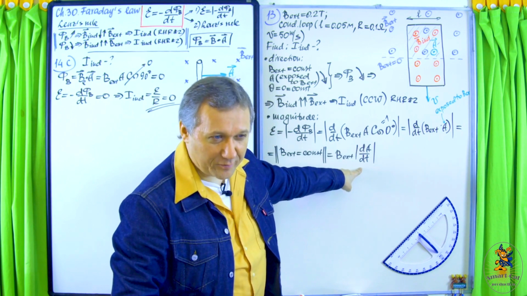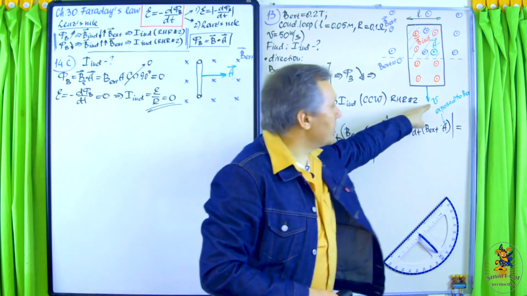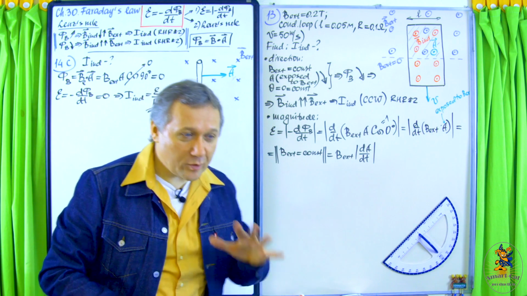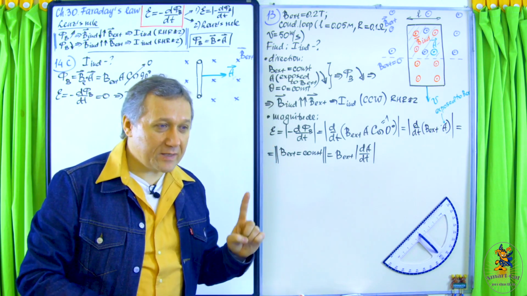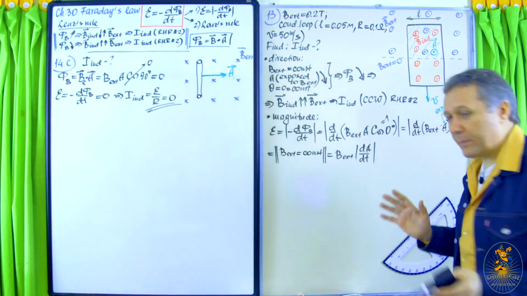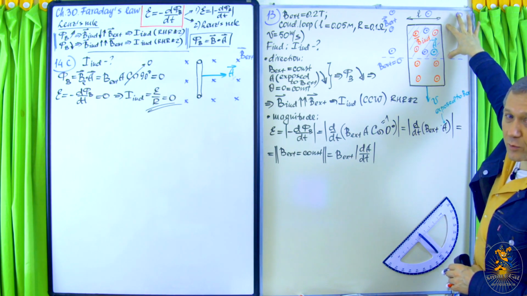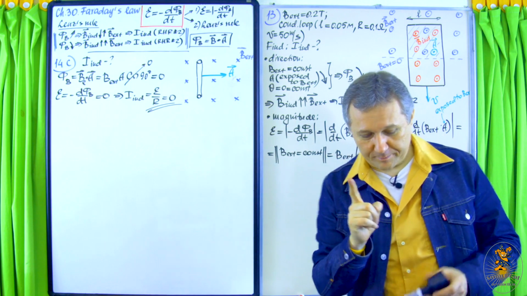We need to connect this areal velocity with this linear velocity. To make this connection smooth, it makes sense to introduce, temporarily, this distance. Let's call it x.